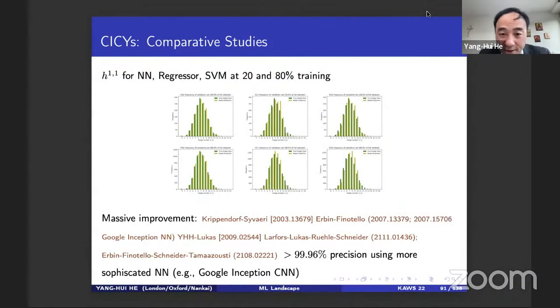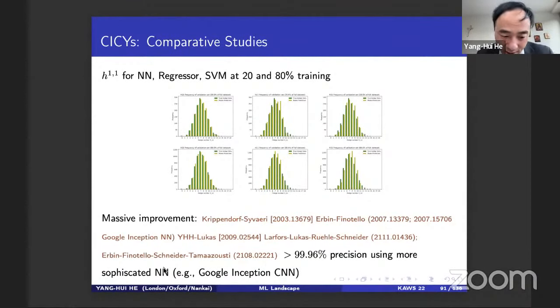Since then, this has been massively improved over the last years, especially by various friends of ours. So Sven, and then I started doing stuff with Andre Lucas and Magdalena Larfos, and also Urban and Finatello. These guys used a very sophisticated neural network called the Google Inception convolutional network.